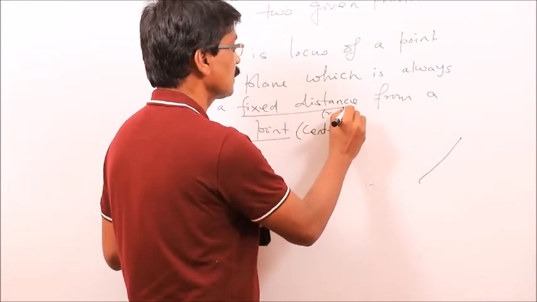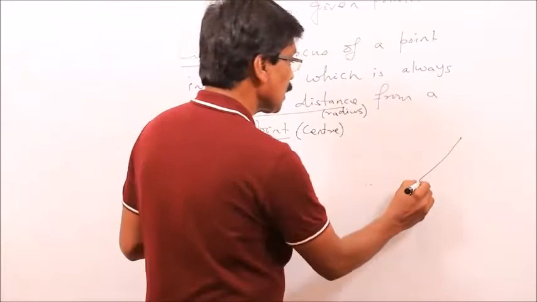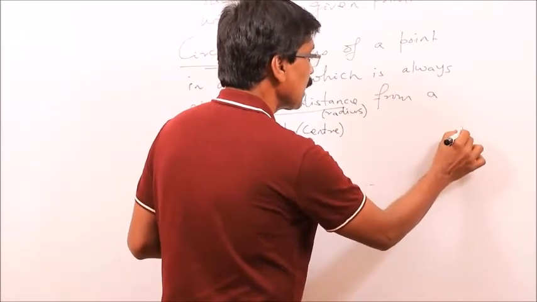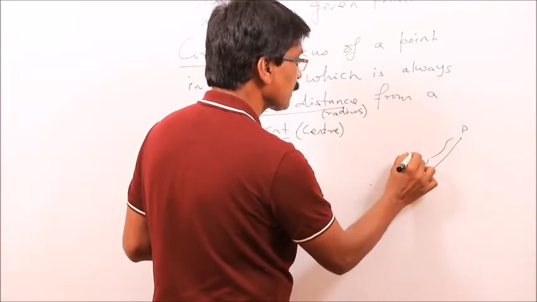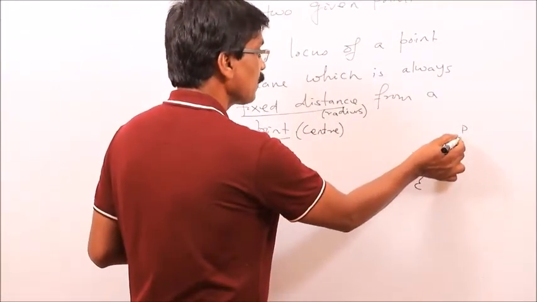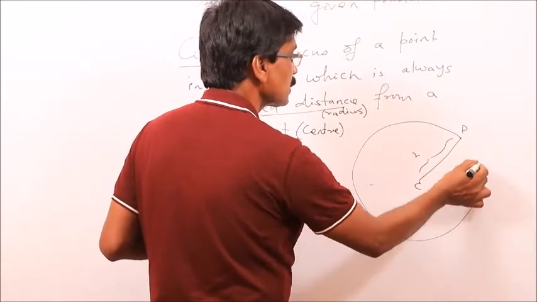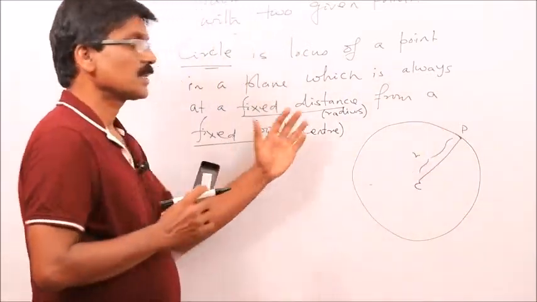Suppose this is the fixed point C and the fixed distance is r. If we move point P at the fixed distance around point C, then we have a circle. So this is a circle.